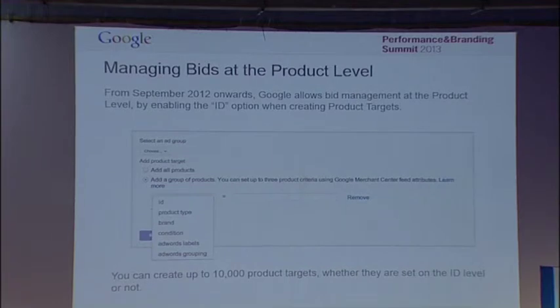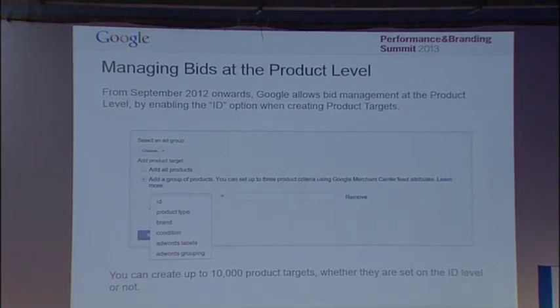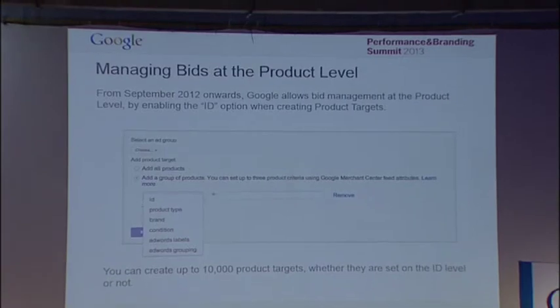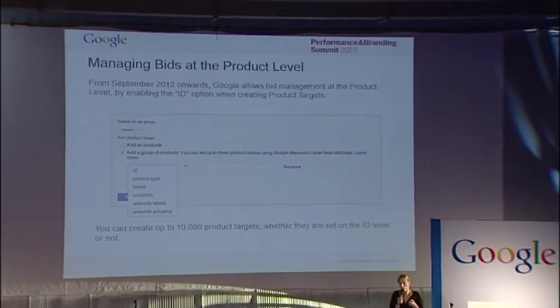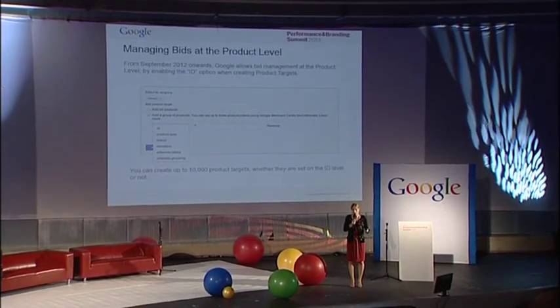One thing you might also want to do is to use a new option to group your products together, but this time to target just one single product. And that's the first option in the drop-down called ID.